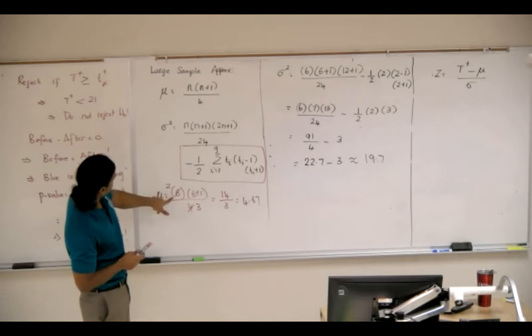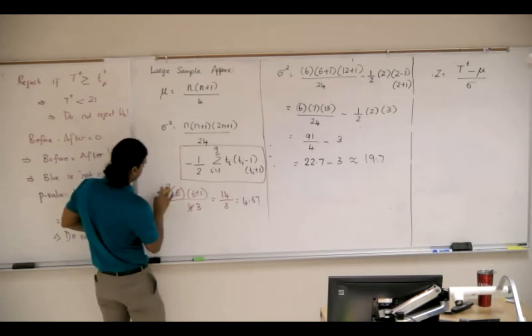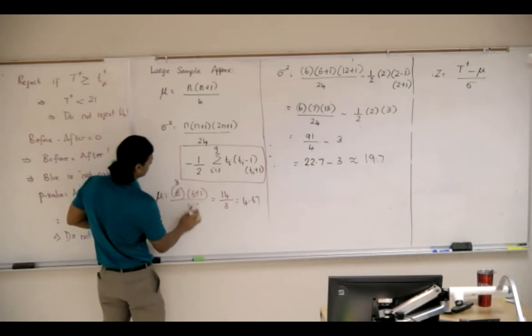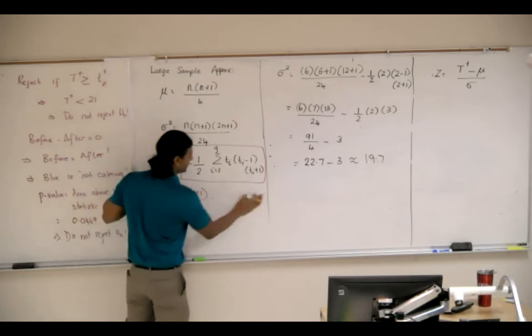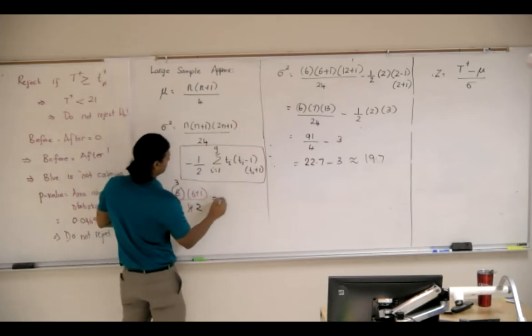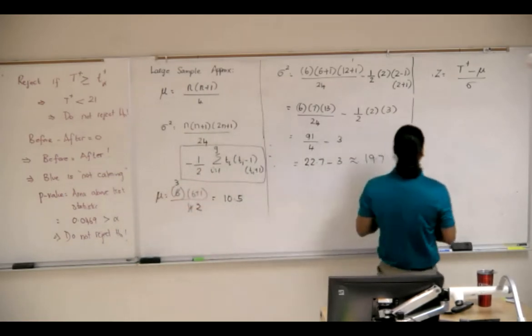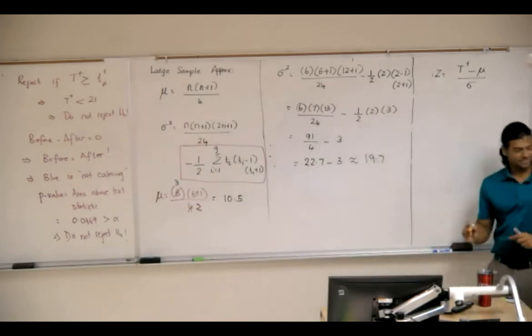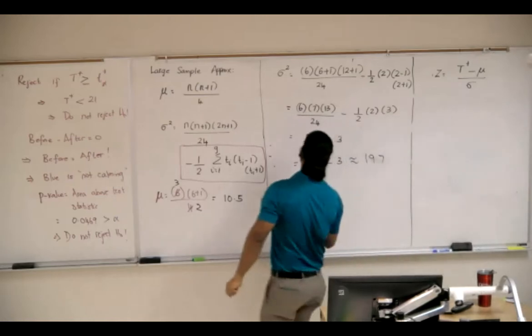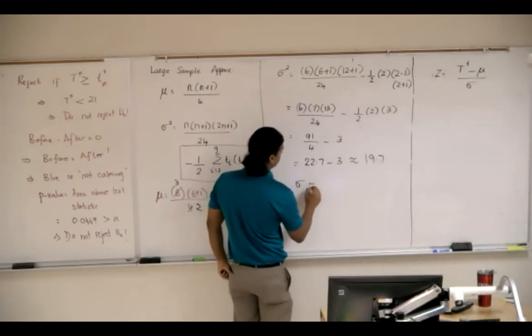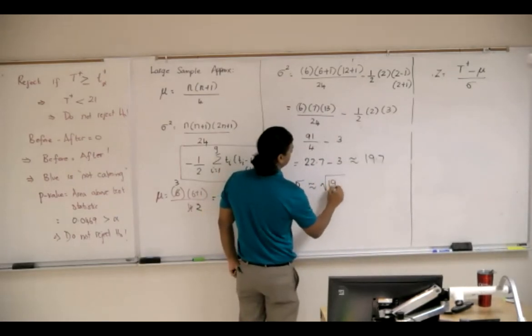Oh, 2 times 3. Oh, I have it backwards. Thank you. I got 10.5, bad math. I'll blame it on a Monday again. What is sigma? Sigma is square root of 19.7.